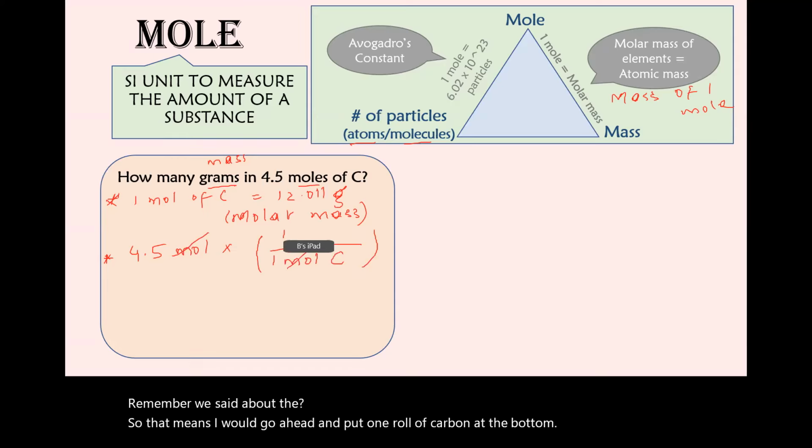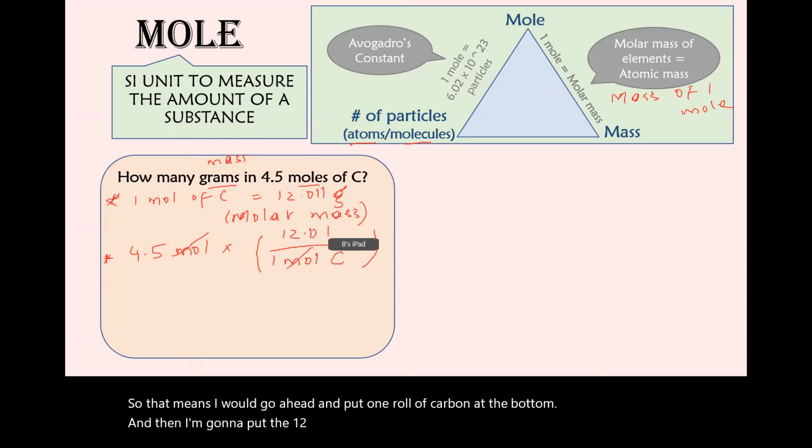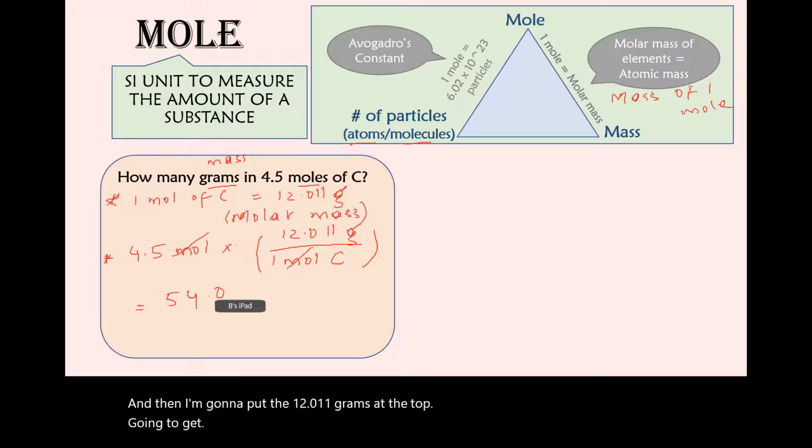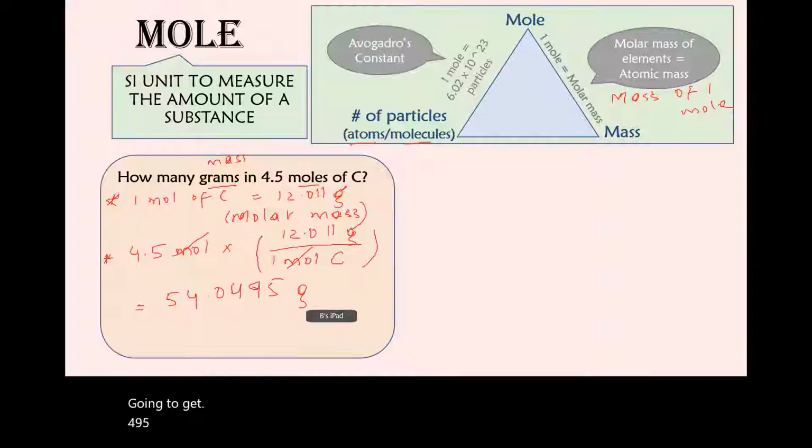And then I'm going to put the 12.011 grams at the top. We do the math, 4.5 times 12.011, and that gives us 54.0495 grams. For the mole problems, you technically do not have to take care of the sig figs unless the question asks you to.